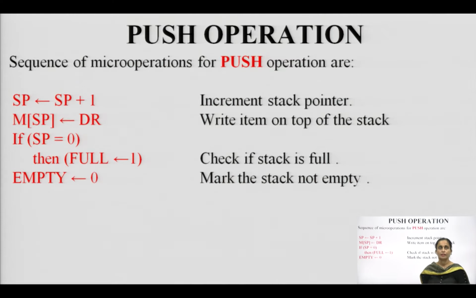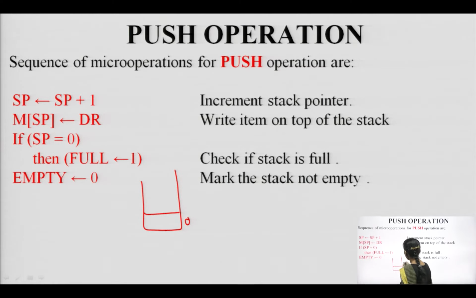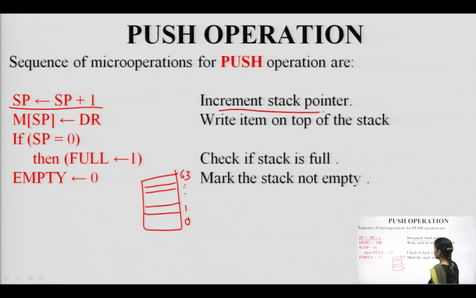Now, we will see how the push operation and pop operation take place in this register stack. For this, the sequence of micro-operations for the push operation is as follows. This is our stack from 0 to 63, and we have to perform the push operation. The first step will be to increment the stack pointer.